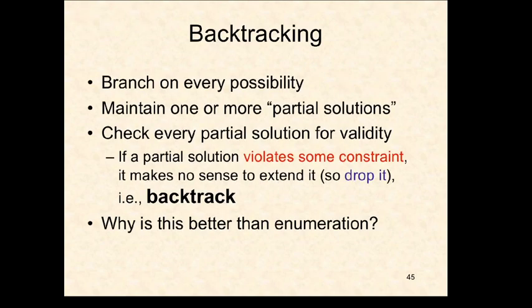So we're going to branch on every possibility. We're going to maintain one or more partial solutions. Really, this goes back to what I said earlier. If we're optimizing, I would need a best solution so far and a current solution.